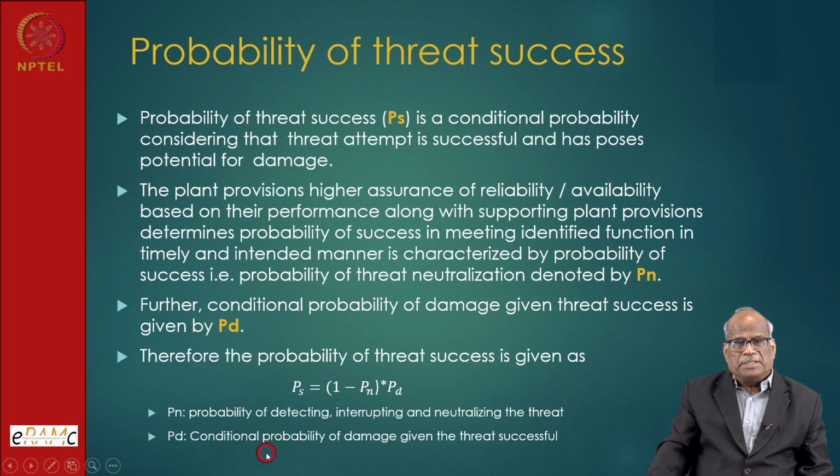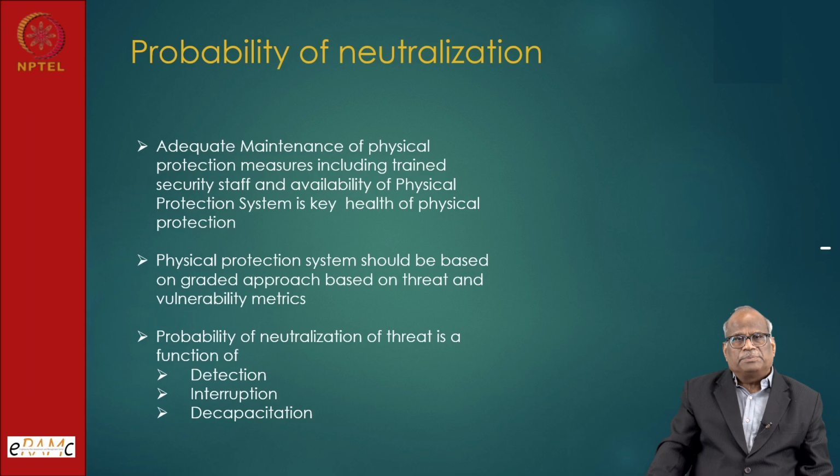PD is the probability of damage when the threat is successful. Okay. Now this probability of neutralization is very important, and it is basically a strategic factor actually, and advanced or proactive provisions are required considering that the threat has become neutral, and then you saw in the definition all those critical definitions should be validated.